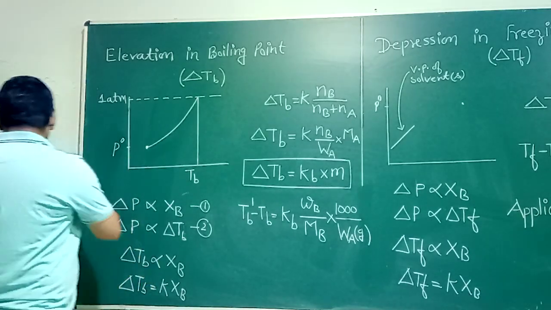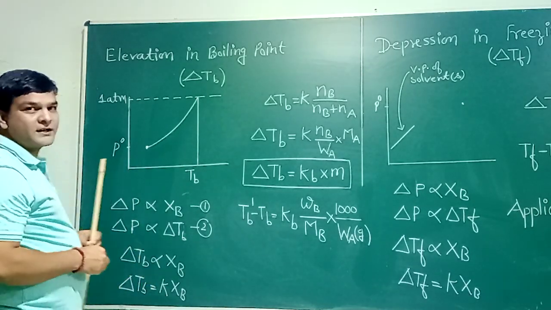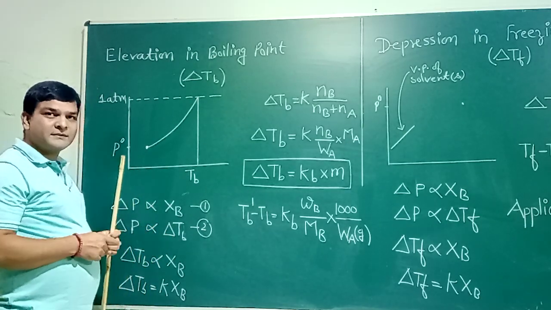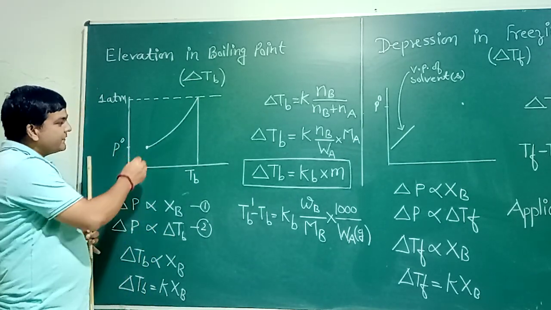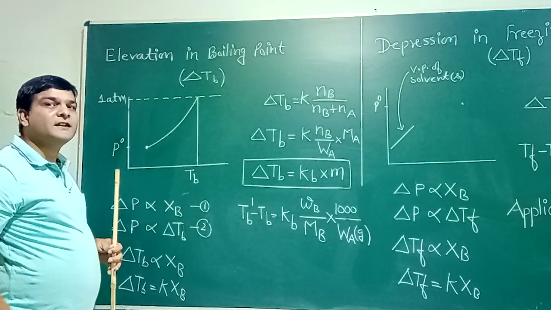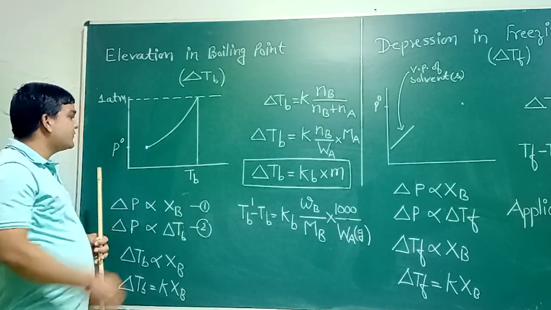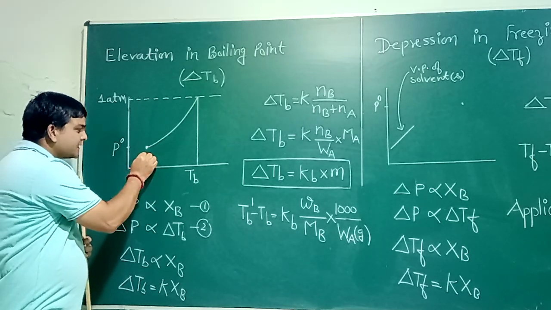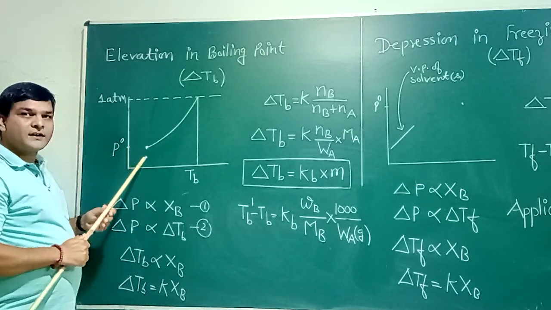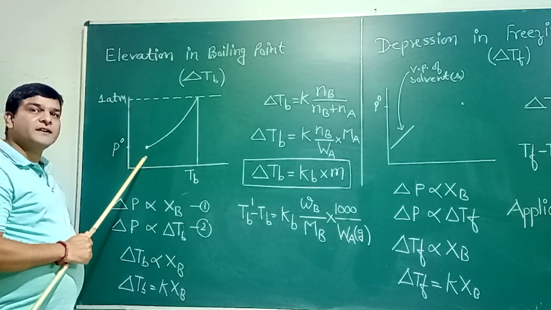Now what happens when we add non-volatile solute in the solvent? You already prepared this in the previous class. When we add non-volatile solute here, the vapor pressure definitely decreases.